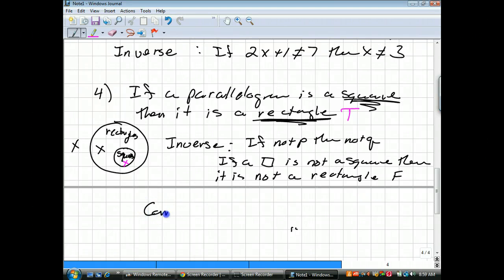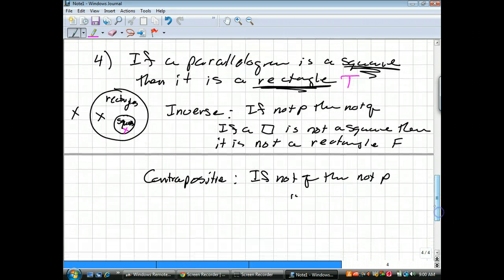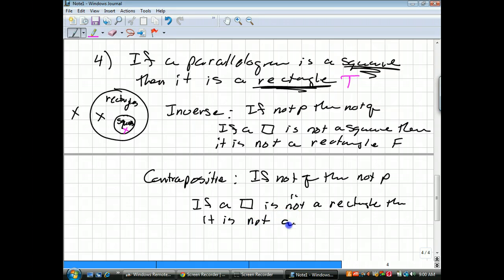Now let's look at the contrapositive. Remember, the contrapositive is if not Q, then not P. So the contrapositive is if a parallelogram is not a rectangle, then it is not a square.